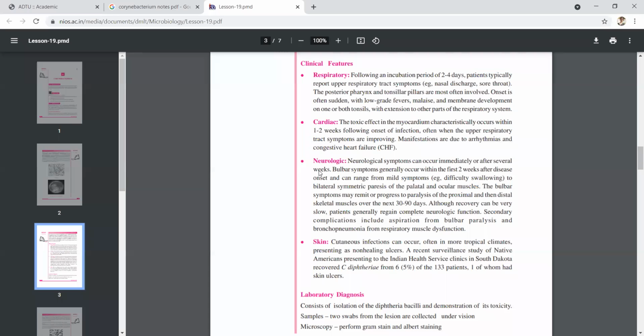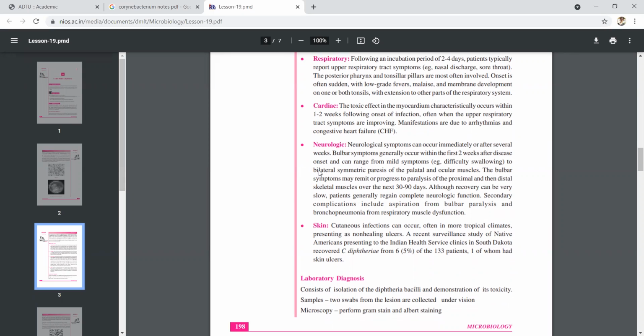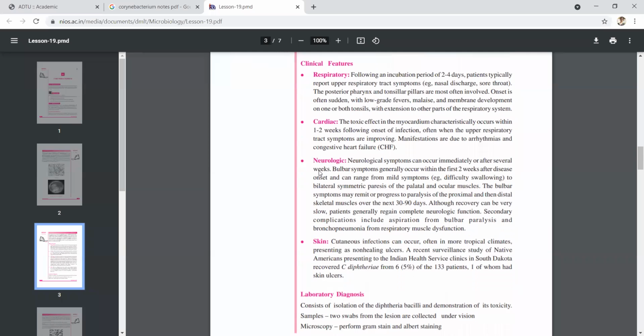A recent surveillance study of Native Americans presenting to the Indian Health Service clinics in South Dakota recovered from the disease. How many? Out of 133 patients, only 6 people recovered. That is only 5% recovery. One of them had the skin ulcer. So this is the clinical feature of the disease.